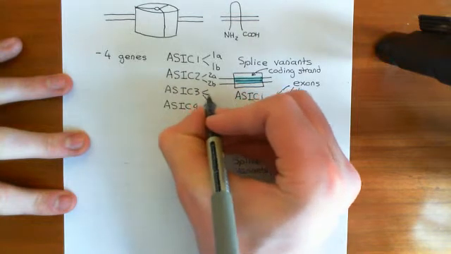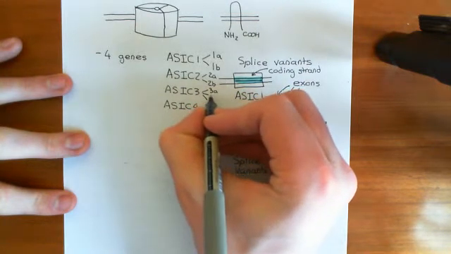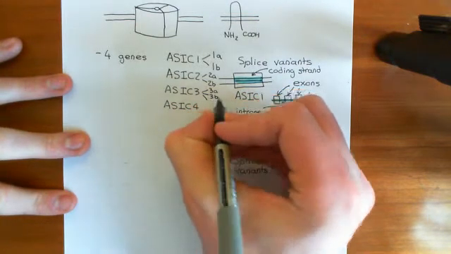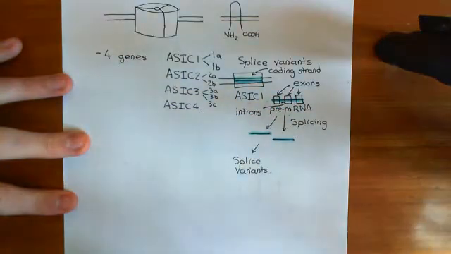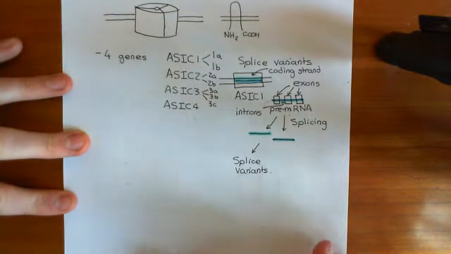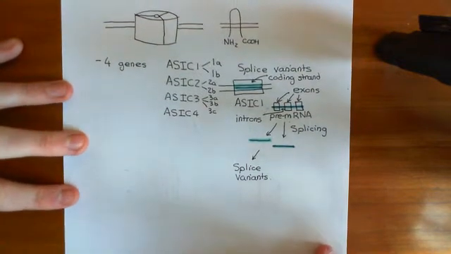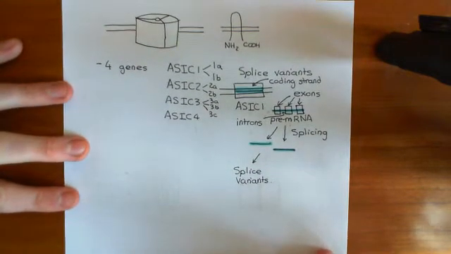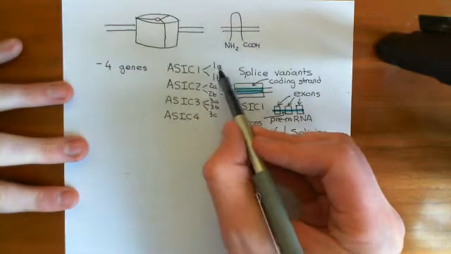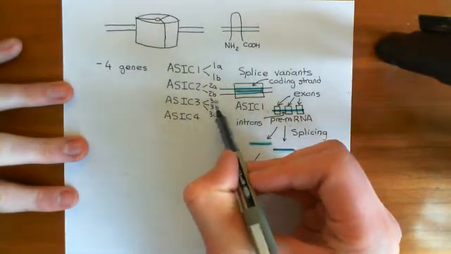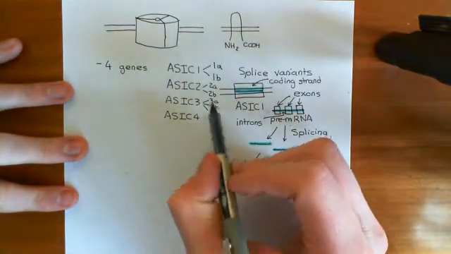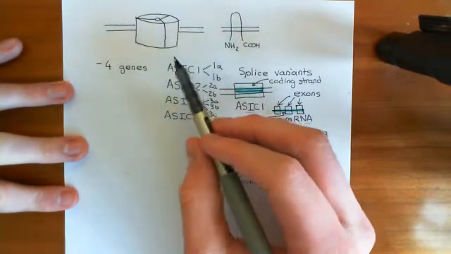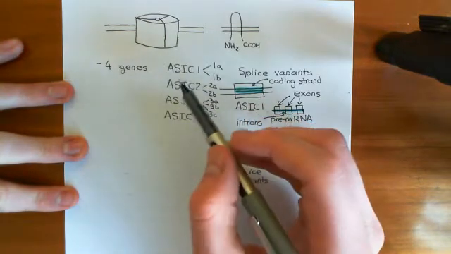ASIC3 is even luckier, it gets three splice variants: ASIC3A, ASIC3B, and ASIC3C. And ASIC4 is the unlucky one, it doesn't get any splice variants, it's only got one known subunit that it can produce. So that overall gives us 1, 2, 3, 4, 5, 6, 7, 8 different subunits which we can use to produce an acid-sensing ion channel, an ASIC.